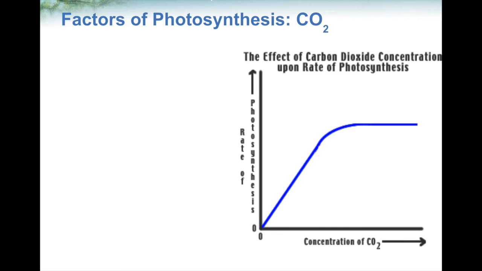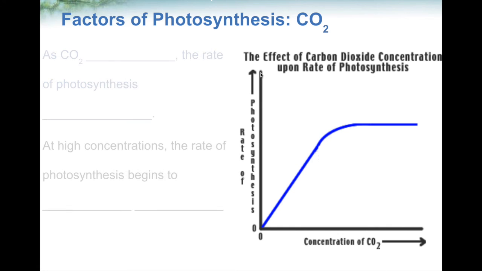This graph is very similar, except on the bottom, instead of light intensity, we have carbon dioxide. Remember, carbon dioxide is one of the things that a plant or producer needs to do photosynthesis. So as we move to the right of the x-axis, the plant is receiving more carbon dioxide. As we go up the y-axis, the rate of photosynthesis is increasing.